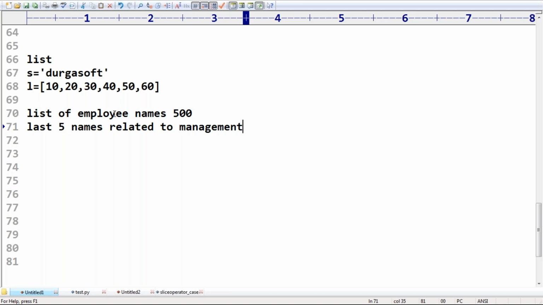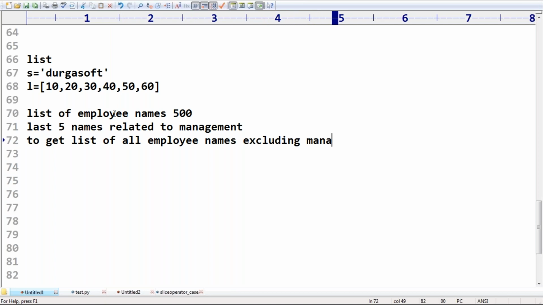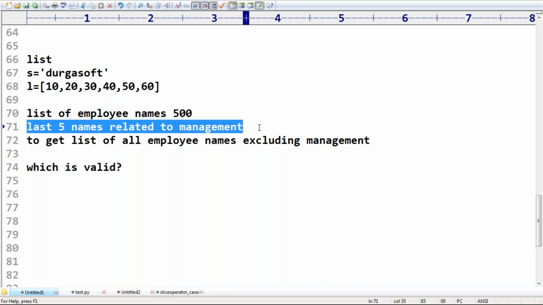To get a list of all employee names excluding management, which of the following is valid? Are you able to understand? If you have a list of 500 names, and the last 5 names are related to management, I don't want management.